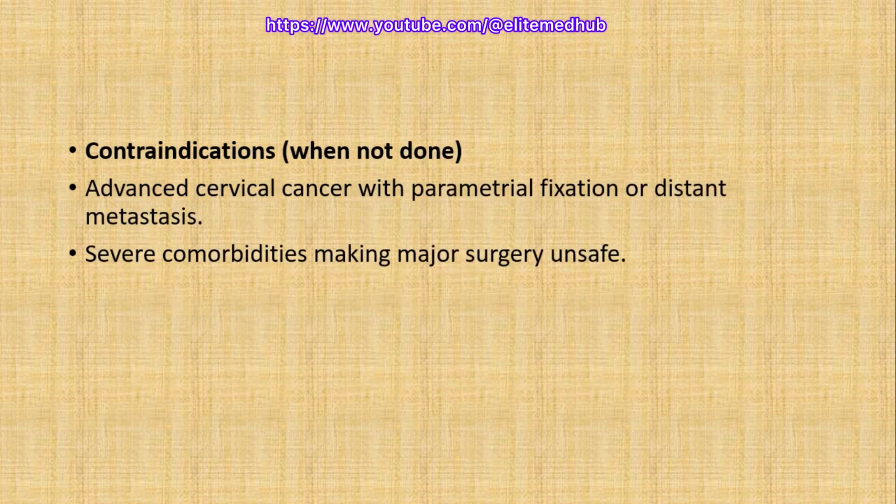So, what are the contraindications of V times hysterectomy? This is when not to do it. It shouldn't be done in advanced cervical cancer with parametrial fixation or distant metastasis. So, in cervical cancer that has advanced to certain levels, that's infiltrating the parametrium, as well as has metastasized already to distant organs like the lungs, V-time hysterectomy is contraindicated.